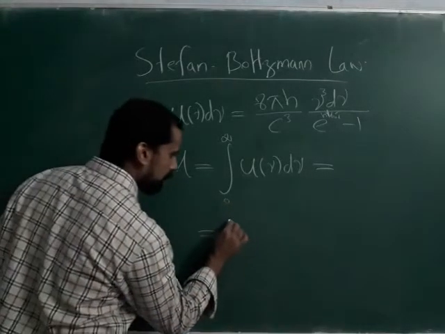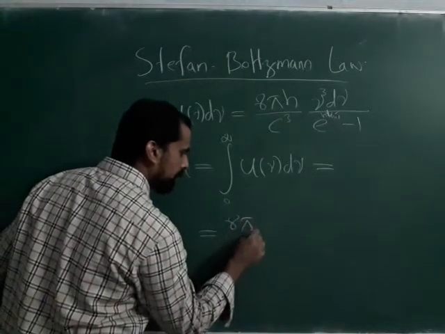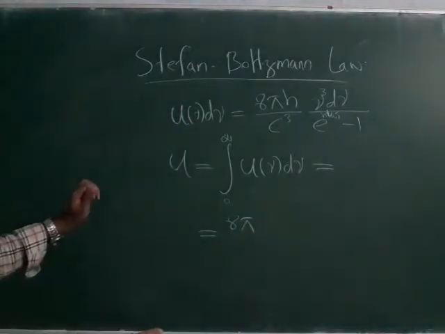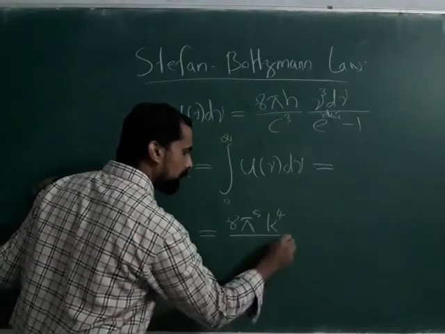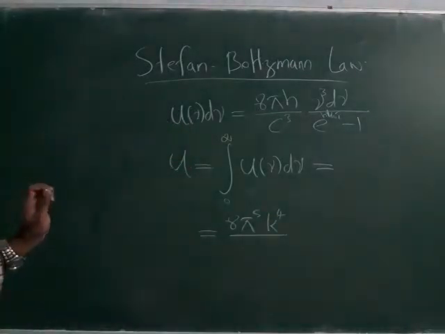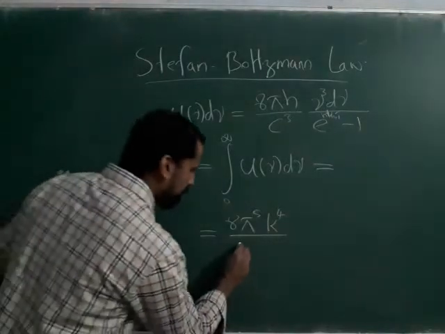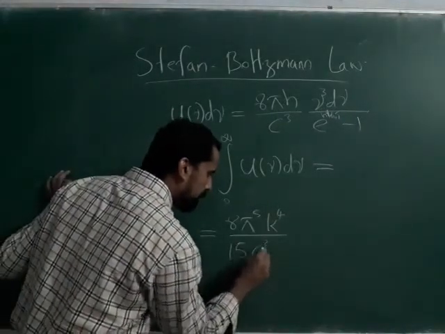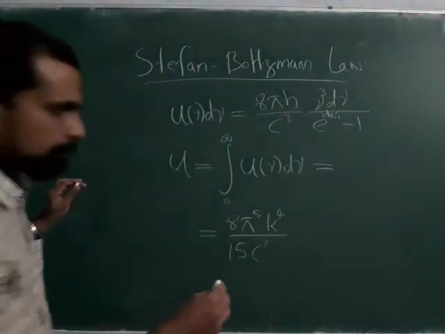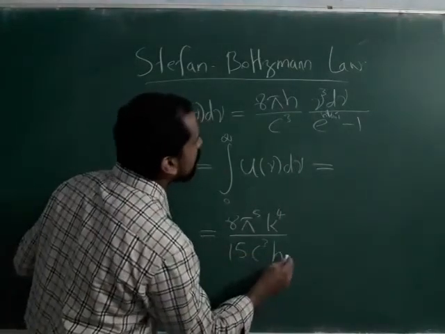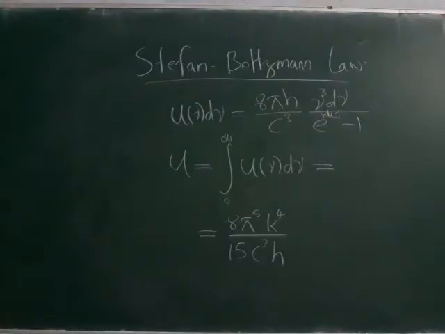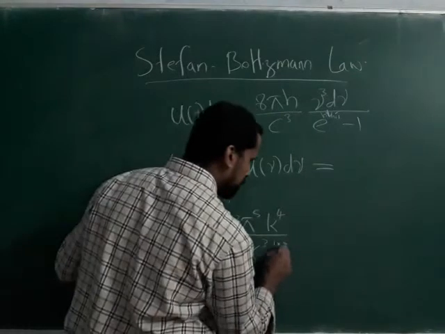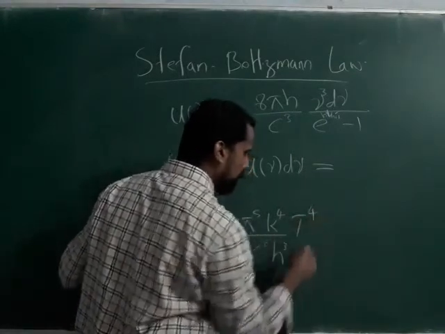After doing this, you will get 8 pi raised to 5 k raised to 4 by 15 c cube h cube, times T raised to 4.